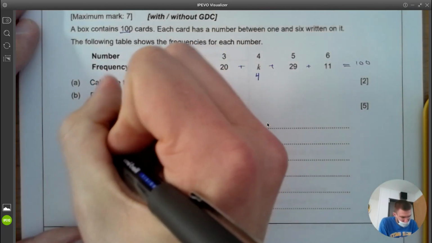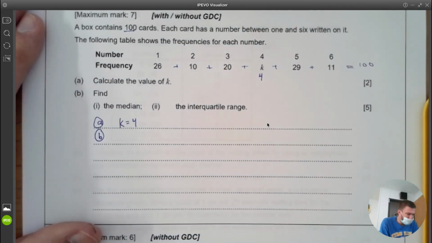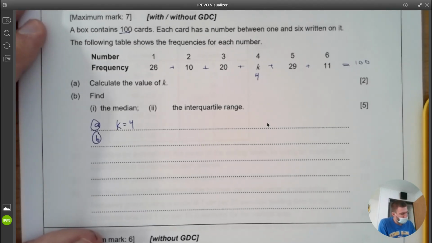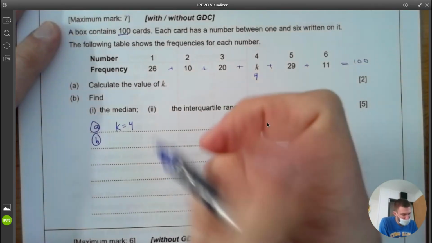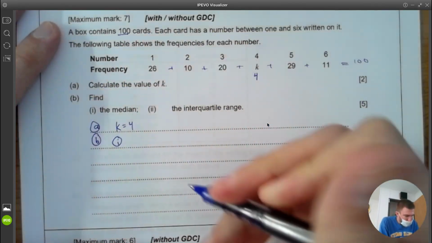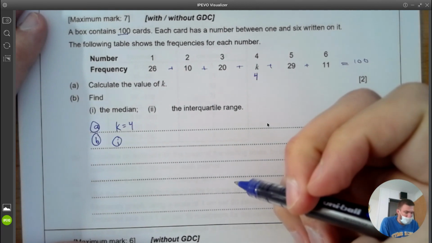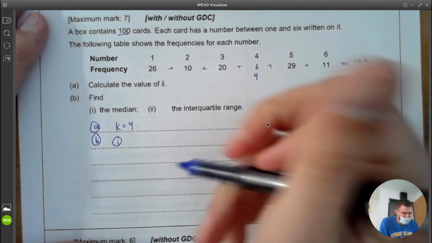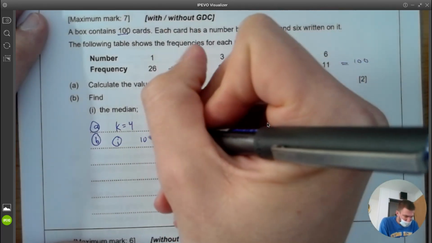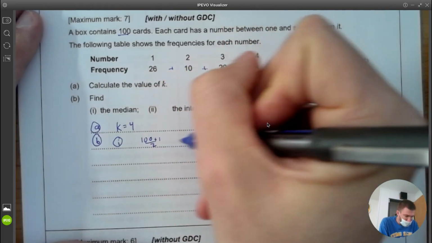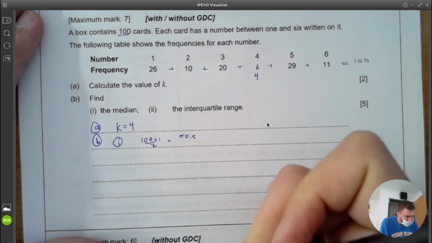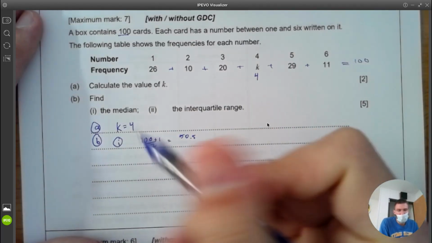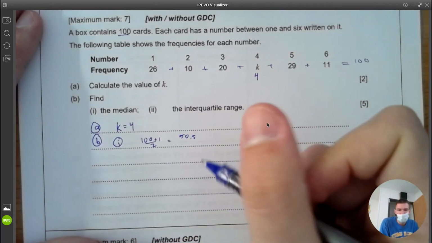B. Find the median. Okay, again, this is with and without. If I wanted to do it with calculator, I would go into edit, but let's see if we can do it without. The median is the middle number. I know that there are 100, and so 100 plus 1 divided by 2, which is going to be 50.5, which means I want to find the 50th term and the 51st term and find their average.